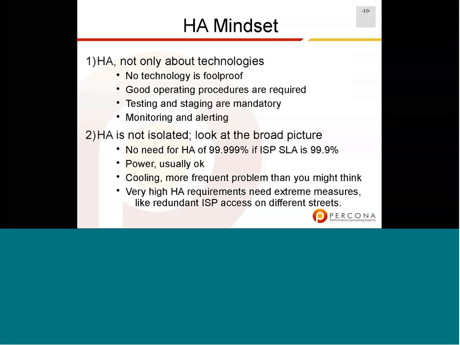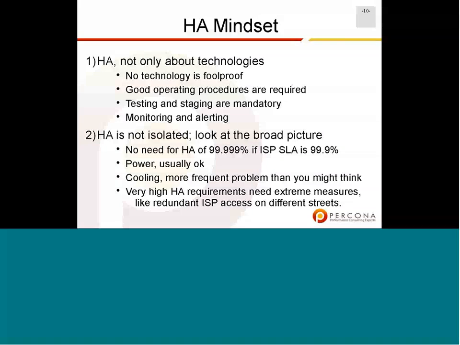High availability is not only about technologies. That may seem very basic, but people tend to rely too much on the technology. No technology is completely foolproof. Even if you have the best solution, if somebody does something crazy, it will behave in a crazy way.